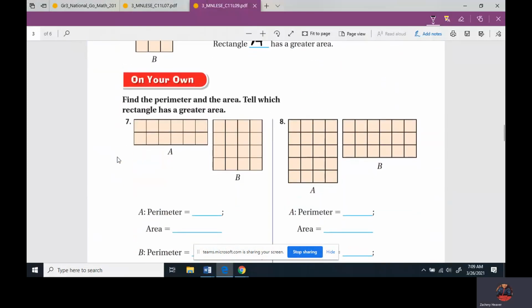Perimeter for A, start at the top. 1, 2, 3, 4, 5, 6, 7, 8, 9, 10, 11, 12, 13, 14, 15, 16 units. And the area is 2, 4, 6, 8, 10, 12 square units.